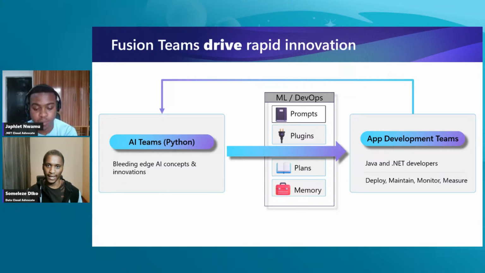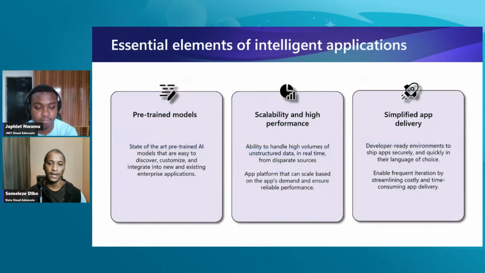And then again, like I mentioned, it creates that feedback loop back to the AI teams, who can bring bleeding edge AI concepts and innovations, and then continue with the process. Japhlet, what are the essential elements of intelligent applications that we can look at today?